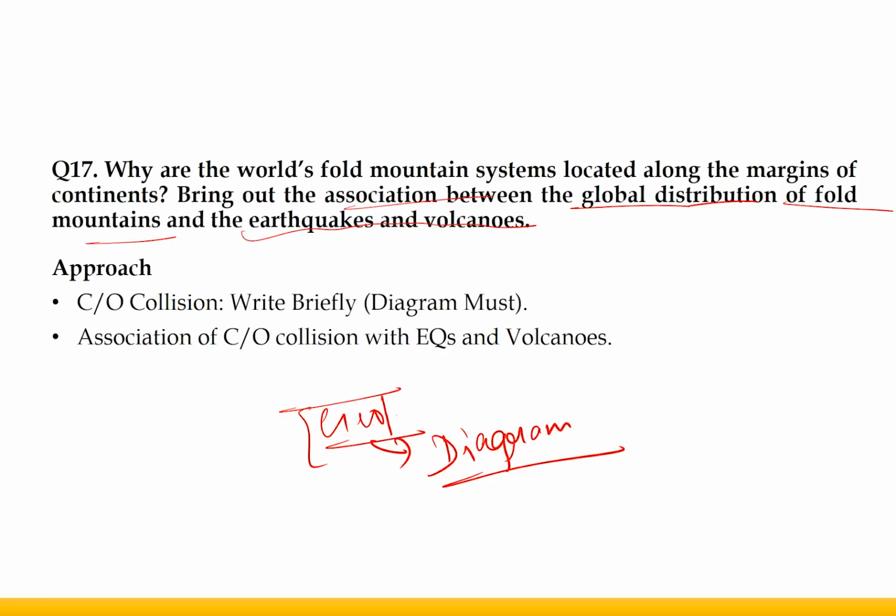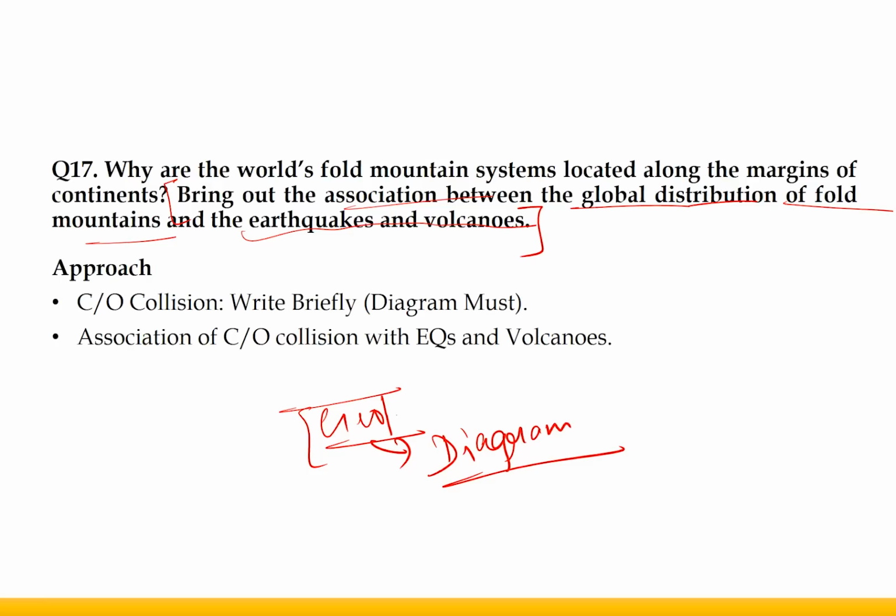Now, the question has asked two parts, and in fact, I think these are both very lengthy questions. These should have been separate questions. In geography optional, this question has been asked separately as a 15 marker because there are two or three diagrams which can be drawn in this question. Anyways, we will try to reduce the length of our answer.